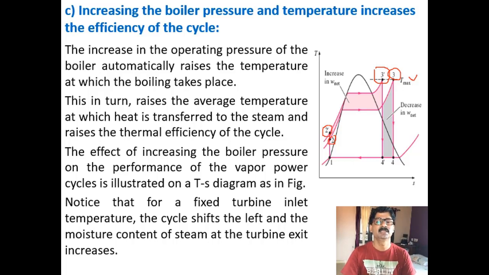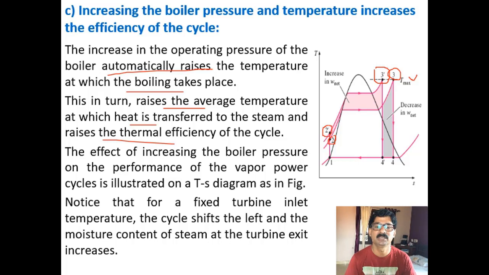The increase in operating pressure of the boiler automatically raises the temperature at which the boiling takes place. The boiler pressure means nothing but the pressure at which the steam formation takes place, so that is nothing but the saturation pressure and also corresponds to the saturation temperature. So when the boiler pressure increases, the saturation temperature also increases. This in turn raises the average temperature at which heat is transferred to the steam and raises the thermal efficiency of the cycle.